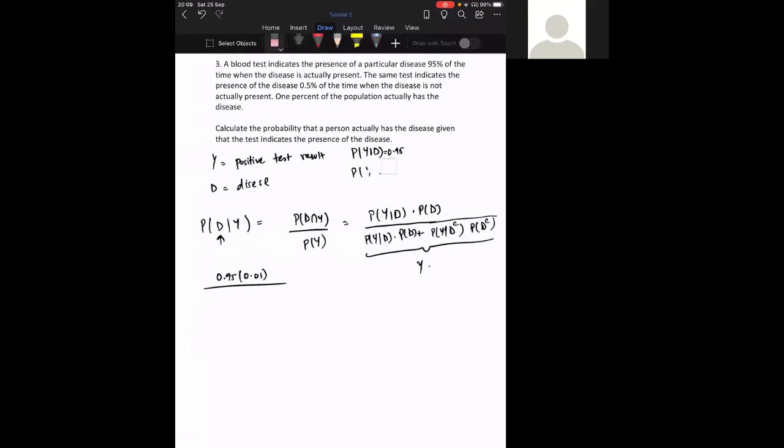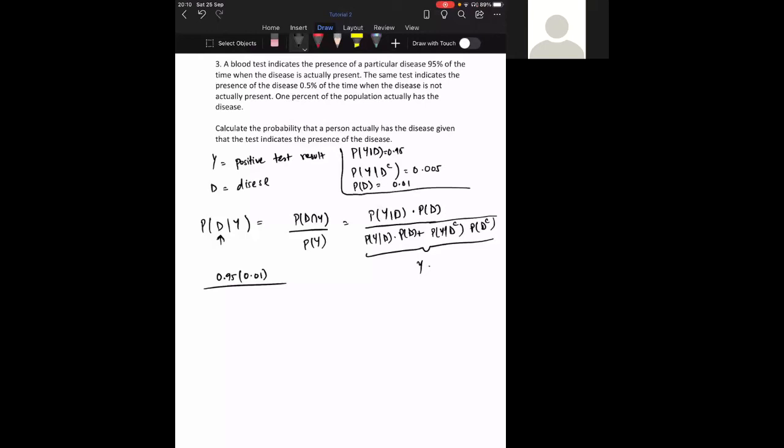We know that probability of Y given D complement is equal to 0.005. And we know the probability of disease is equal to, what is it? 1%? 1%. 0.01.